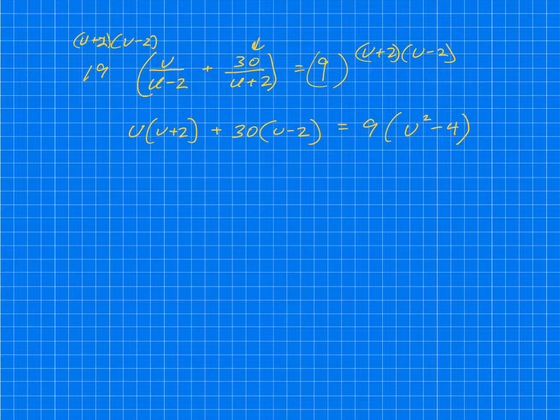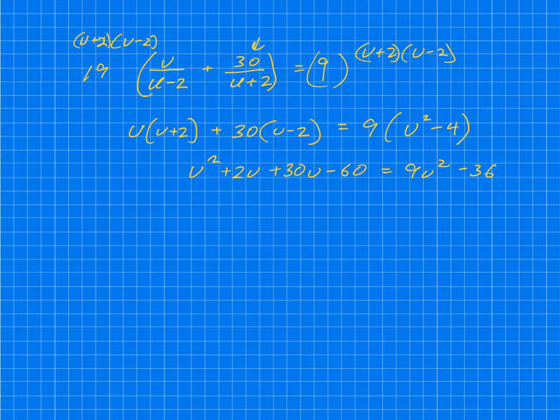Okay, so let's keep going. 9u squared minus 36. So we got u squared plus 2u plus 30u minus 60. I know this looks really nasty, but it does work, minus 36.